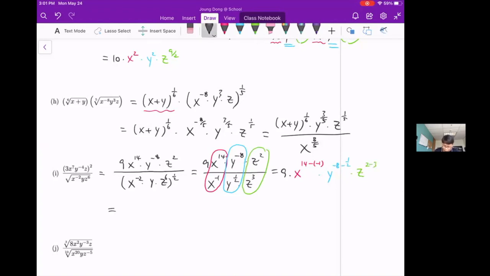It is equal to 9 times x to the 14 minus 1, which is plus, right? 15, okay? And y to the negative 8 minus 1/2, as you know, this guy is equal to negative 16/2 minus 1/2, which is negative 17/2, right?